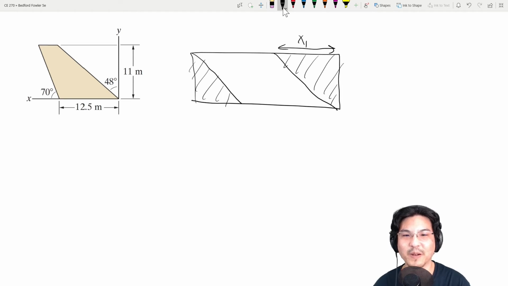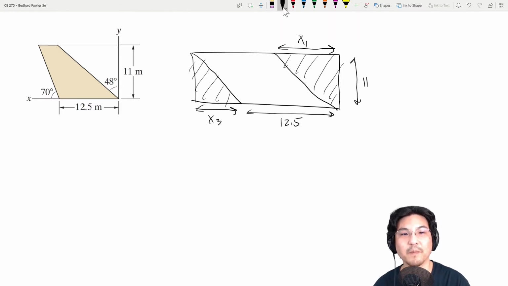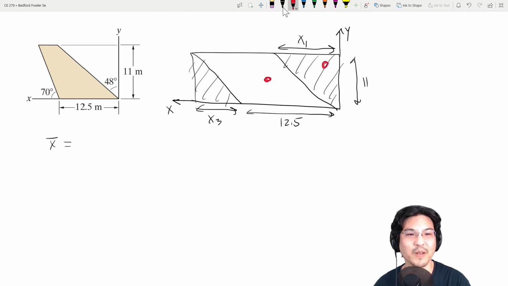We figured that all already. That was x1, this was x3, here to here was 12.5, here to here was 11. This was the x direction, this was the y direction. So if we want the centroid of the entire shape, the rectangle, the centroid is in the middle. For this triangle over here, for this triangle over here.